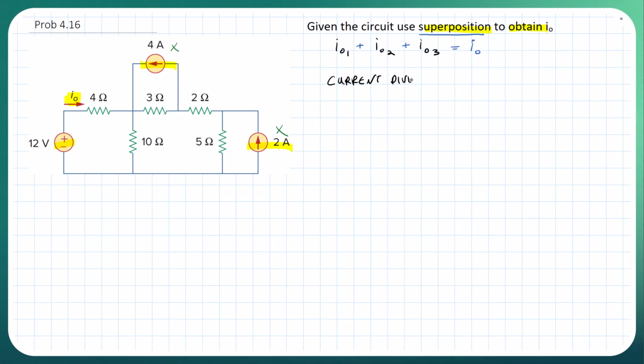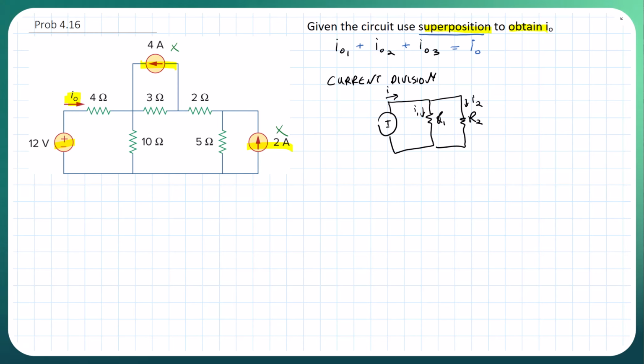Current division is when we have some source, let's just say a voltage source here, and 2 resistors in parallel, R1 and R2, and a current I coming in this way. We have a current I1 branching down here, and a current I2 down here.